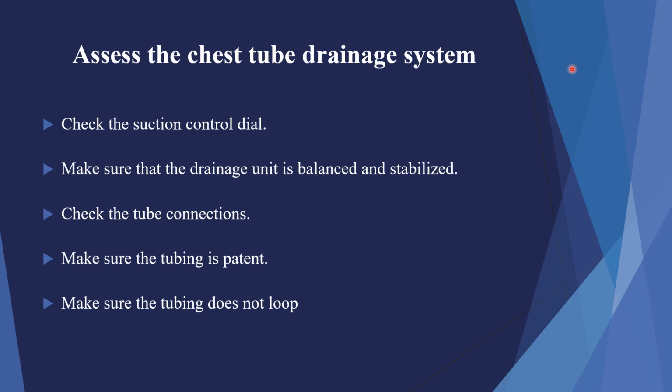Why is the suction not working? Is it the wall unit not working and it needs to be changed out? If that's the case, please don't wait several hours to get it done. Get that done immediately, especially if they're on a high amount of oxygen. We don't want them sitting in a water seal when we need suction, so change it out. If it's a water seal, do we have a nice gentle bubble?